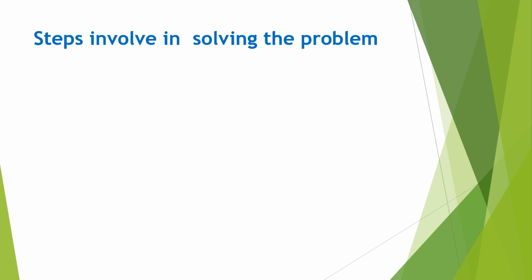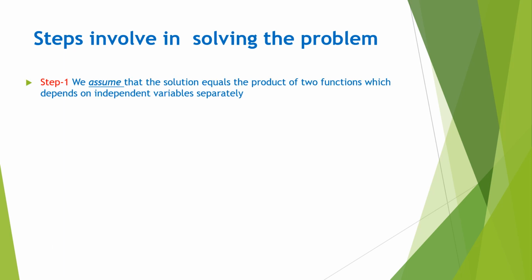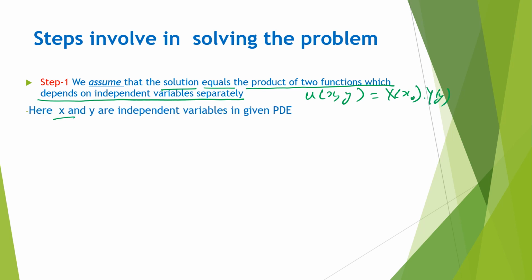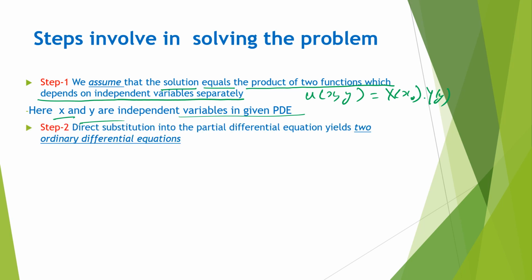Now the steps to solve the Laplace equation. First we assume that the solution equals the product of two functions, each depending on one independent variable, as we already assumed that u is a function of x and y. So the assumed solution will be a function of x times a function of y, as we already did in the previous lectures.